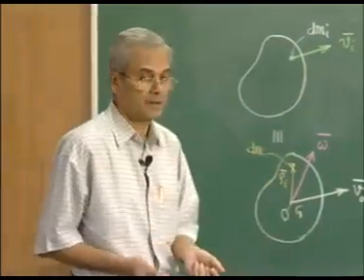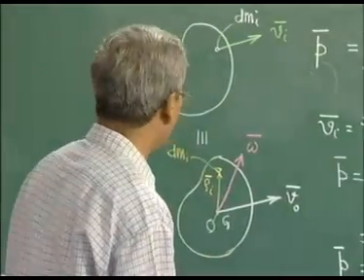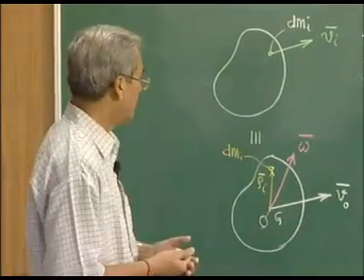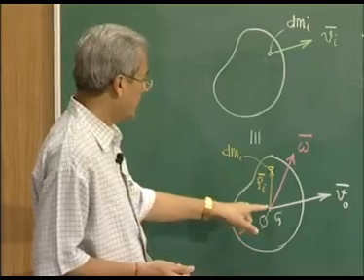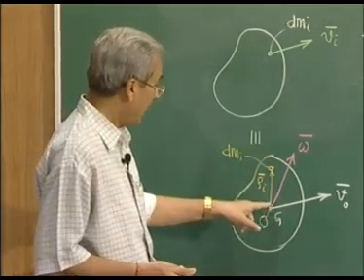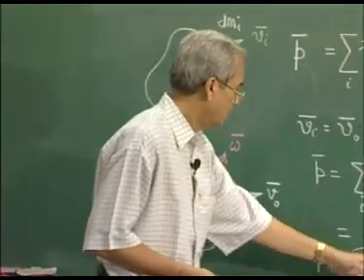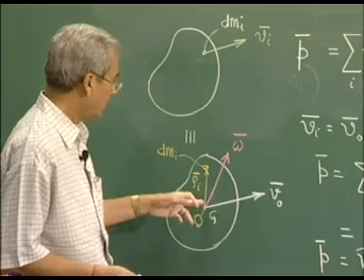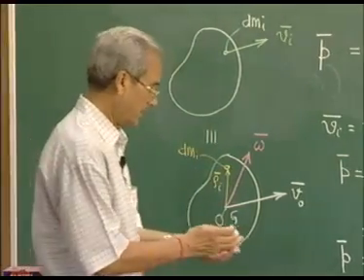So, in effect the linear momentum of the rigid body is determined by the consideration that the whole body is concentrated into a point mass at the center of mass of the body, or this is nothing but the linear momentum of a particle located at the center of mass having the same mass as the whole body.